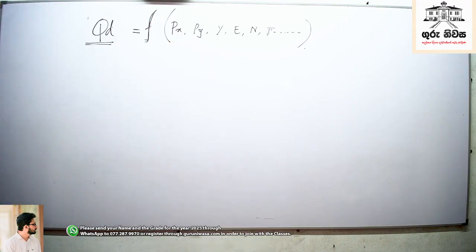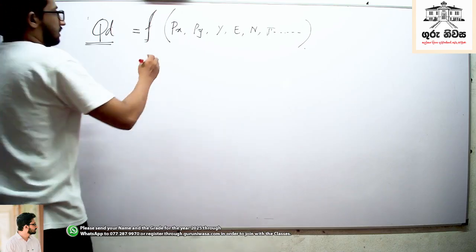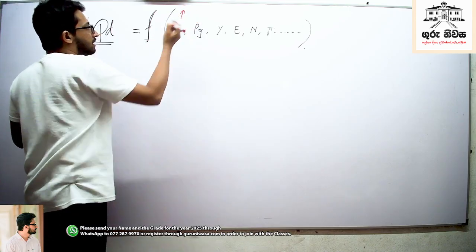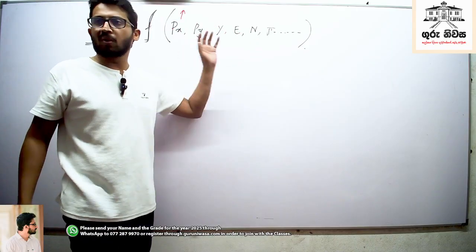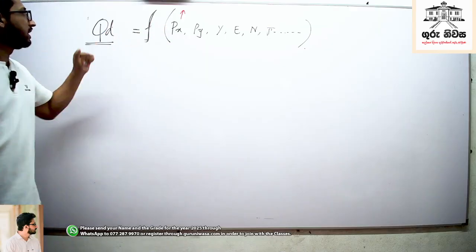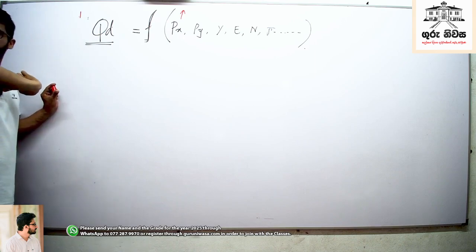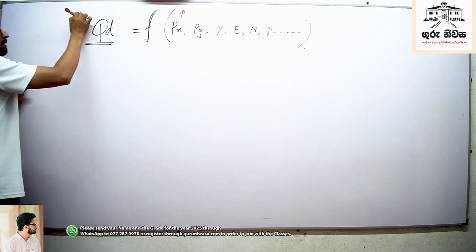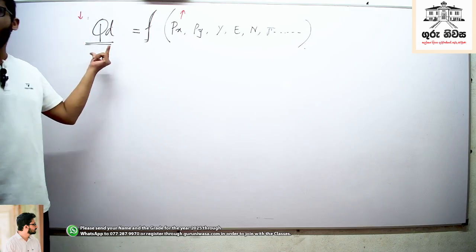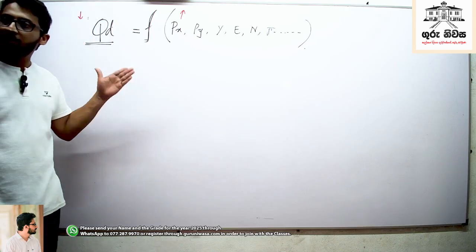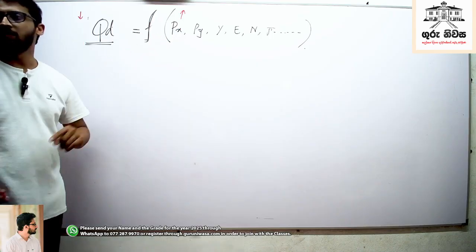My next question. Example, Kalana, tell me, if the price of the product increases, assuming other factors remain constant, what happens to quantity demanded? Decreases. Then you can see the quantity demanded of this product has been changed by the price of the product.